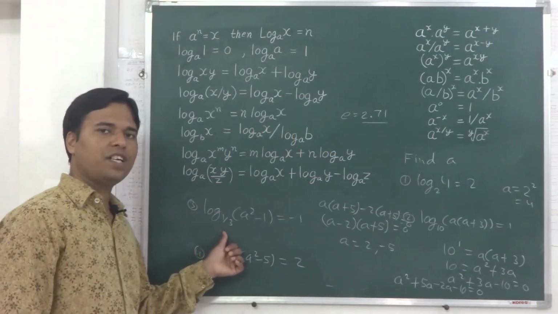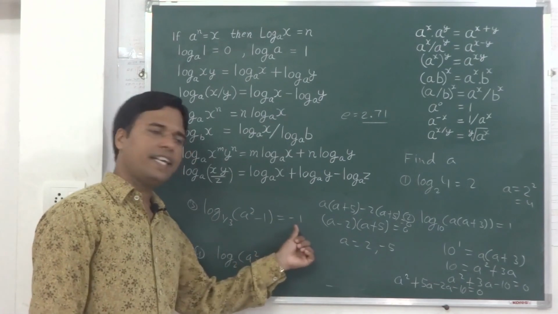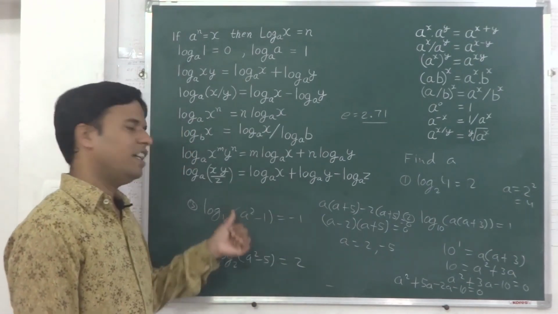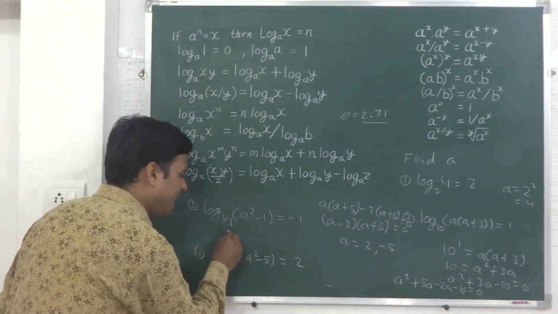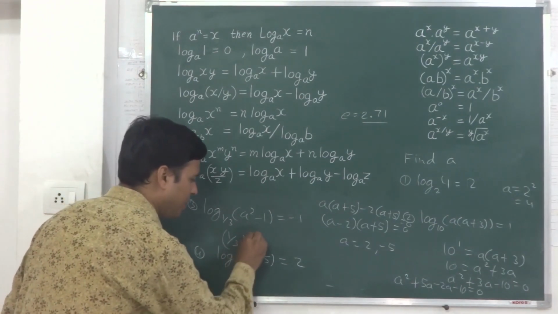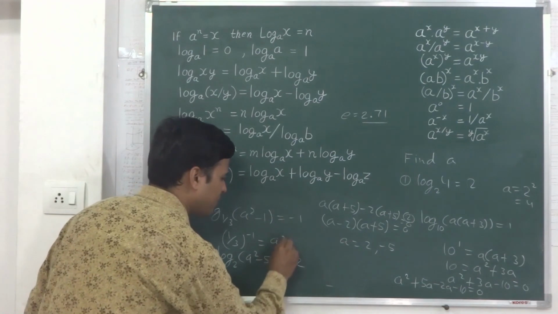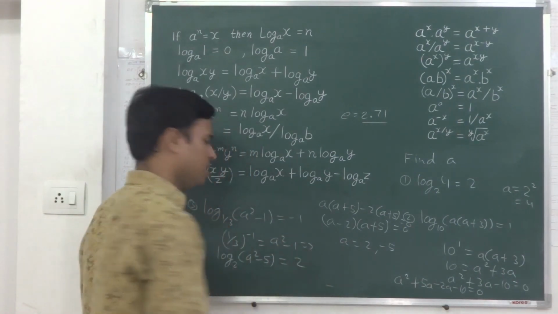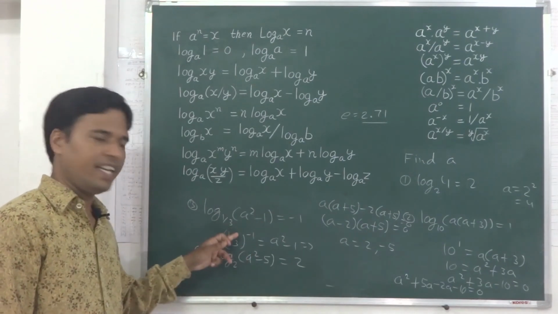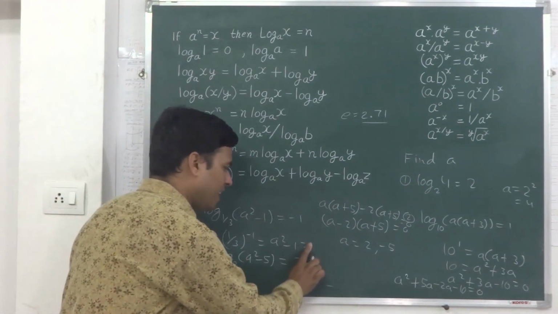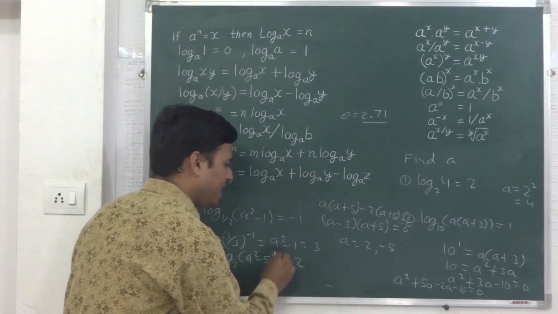In the next problem, the base is 1 by 3, the power is minus 1, and the value is equal to a square minus 1. So we can write here 1 by 3 power minus 1 is equal to a square minus 1. 1 by 3 power minus 1 is equal to 3. So a square minus 1 is equal to 3.